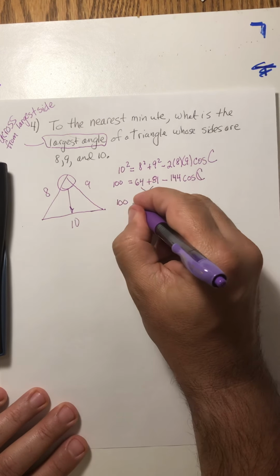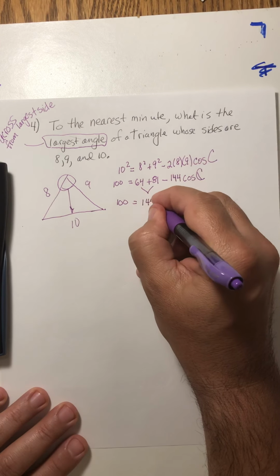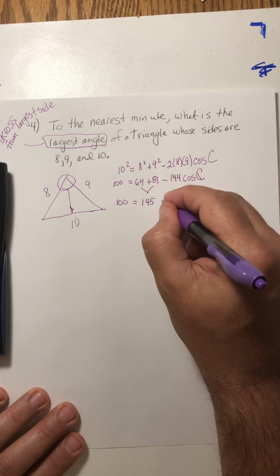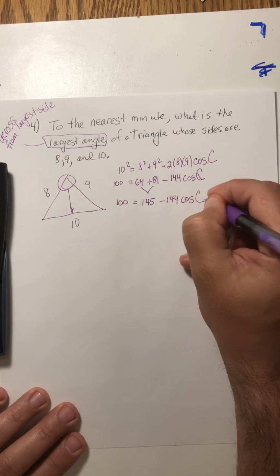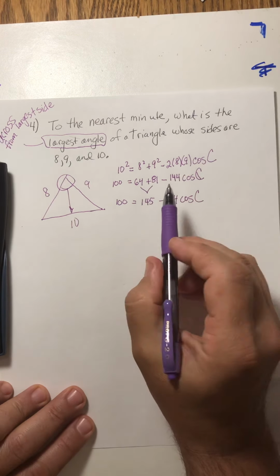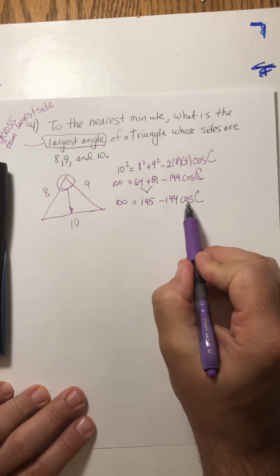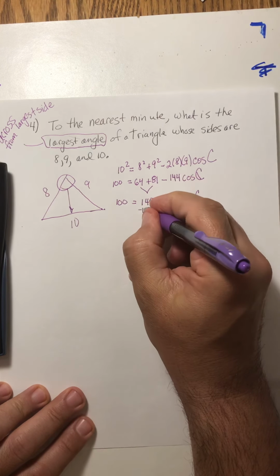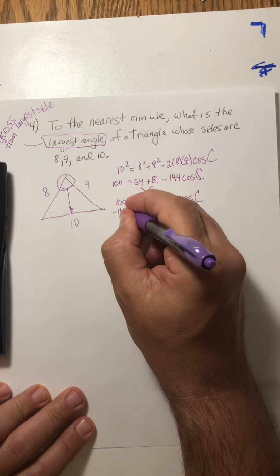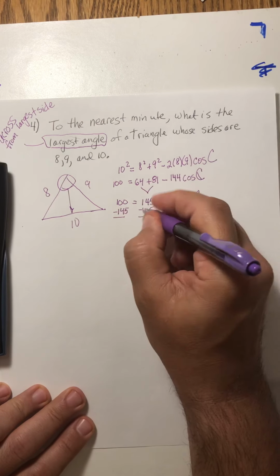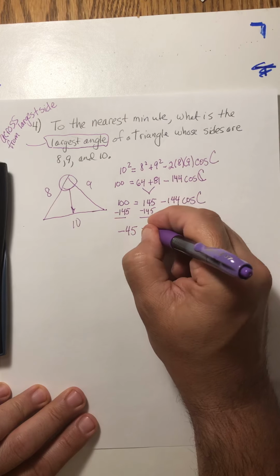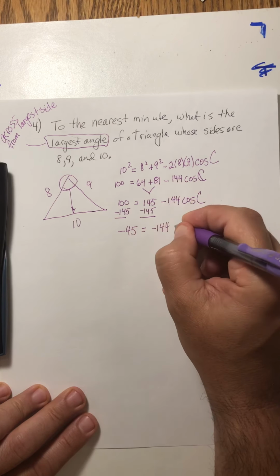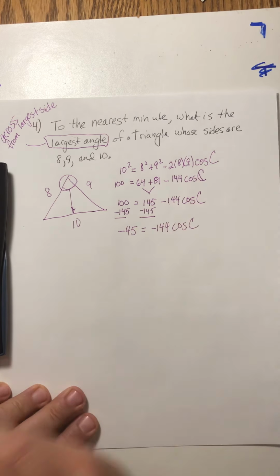So 100 is equal to 145 minus 144 cosine C. Remember, it can't combine because it's attached to the cosine. So I have to subtract 145 from both sides. So that gives me a negative 45 is equal to a negative 144 cosine C.